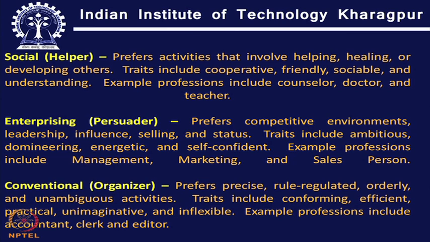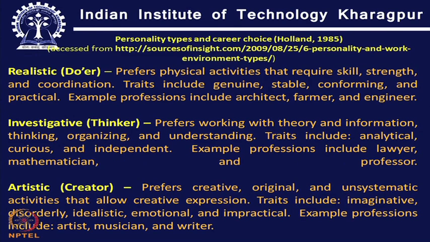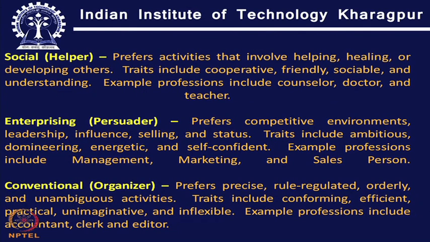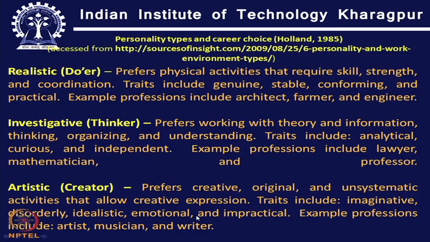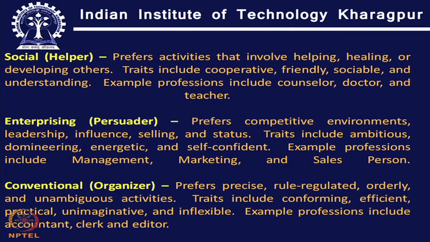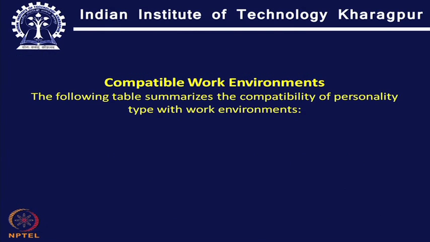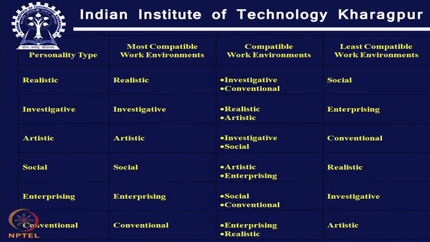If there is an enterprising and realistic environment, the combination of these two will help the conventional organizer to function, but in the artistic environment, where everything is very unsystematic, he cannot function. So, we have to keep in mind the compatibility of the work environment if we are to nurture a certain type of personality pattern and map it to the personality pattern of the job itself.